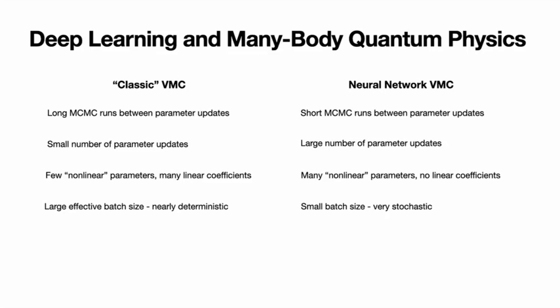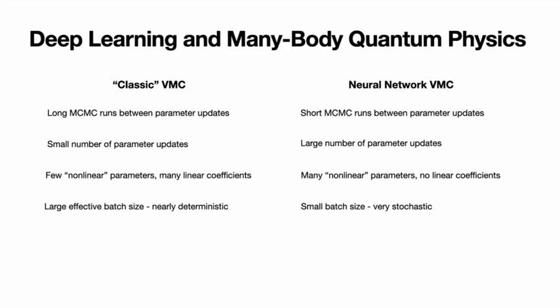Okay, and there are some differences between this classic approach to variational Monte Carlo and neural network variational Monte Carlo, which means you have different design choices when you're doing this optimization, that maybe leads to some issues that you don't have with classic VMC. Typically, you would try to make the problem as deterministic as possible, so you would accumulate gradients and expectations over many steps.